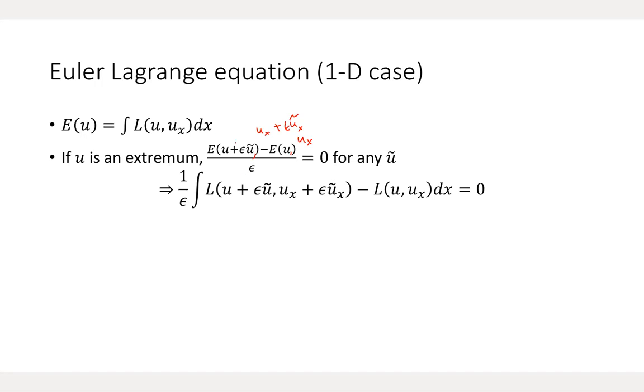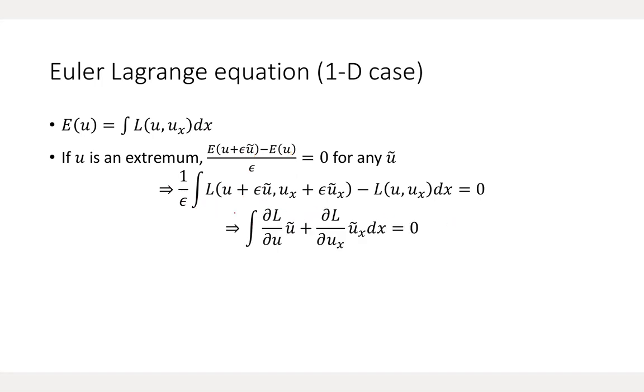Now that means E of U plus epsilon U tilde will be equal to this guy here, right? And E of U is just this guy. If I take the difference between these two and divide by epsilon, it should be equal to 0.